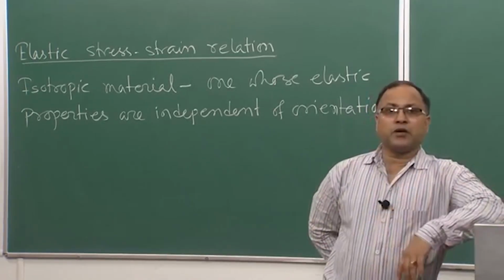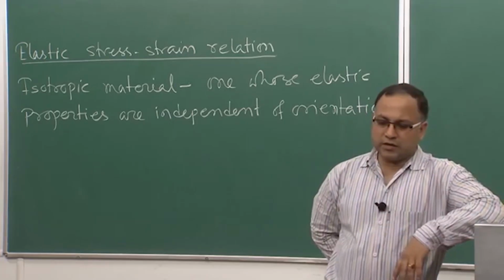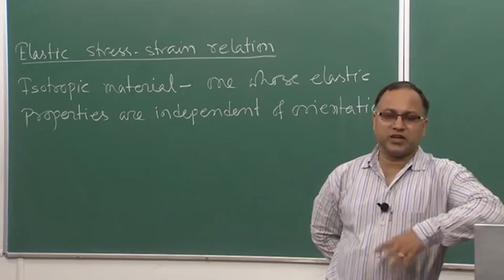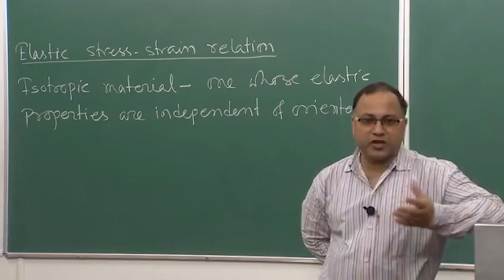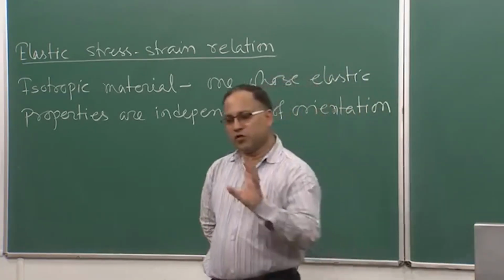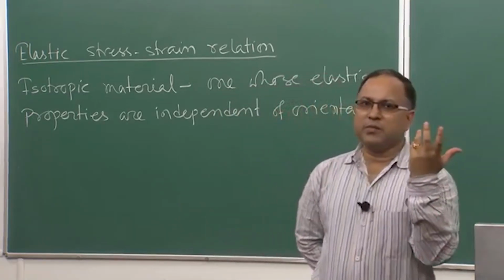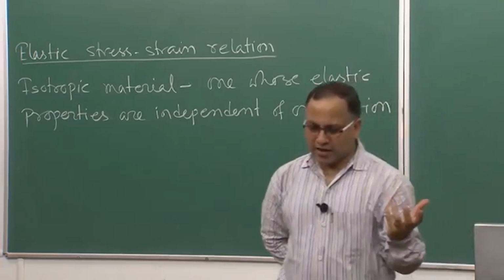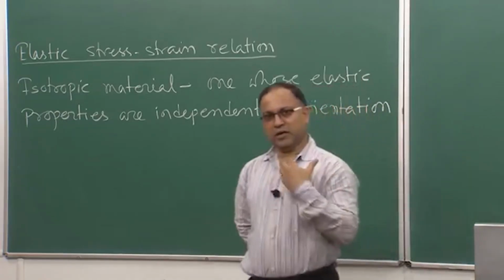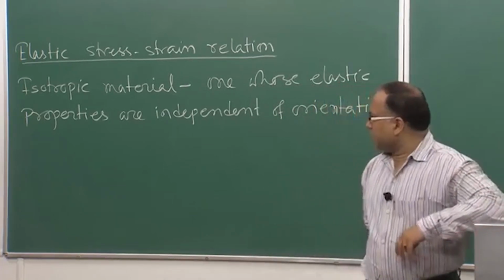Then another property is the Poisson ratio, which gives you the relation between the lateral strain and the longitudinal strain. So, these are all elastic properties. If you rotate the body in any direction, these elastic properties remain unchanged. That kind of material is known as isotropic material.